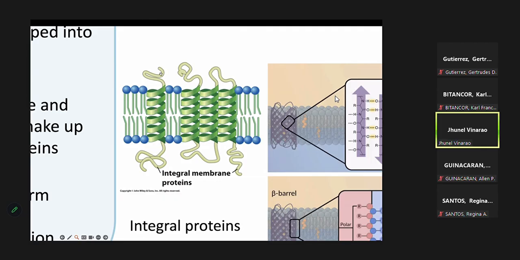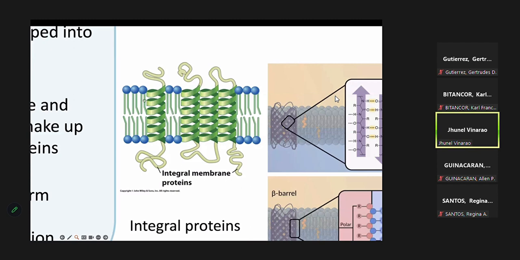In this example, at its tertiary level, it has one alpha helix membrane spanning domain. And for this second integral protein, it has three alpha helix membrane spanning domains.